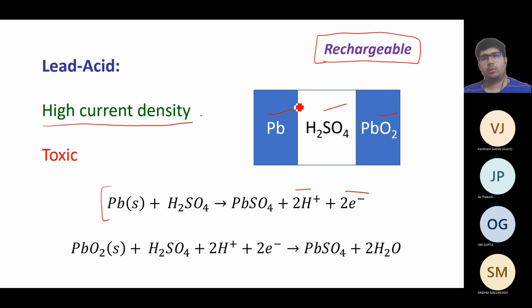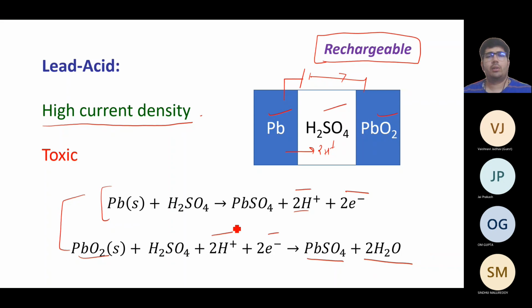These two electrons will go through the external circuit, and the 2H+ will go through the electrolyte and react with the PbO2. 2H+ and 2 electrons are coming through the external circuit. So the cathode reaction will be PbSO4 plus 2H2O.